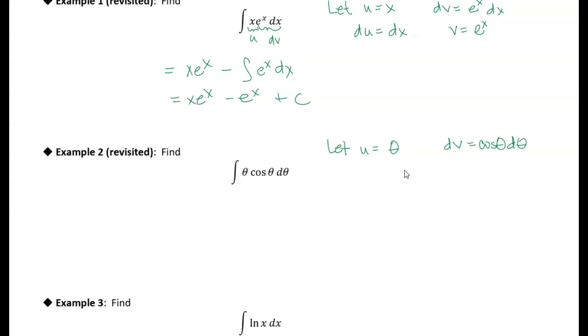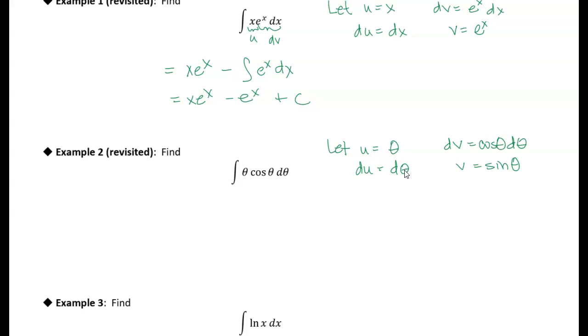These are pretty straightforward, but I'll tell you more about some tricks for determining that pretty soon. If I differentiate both sides, that gives me du is equal to d theta. And if I integrate both sides here, I get v is equal to sine of theta. Sorry, not differentiate, I'm integrating both sides over here.